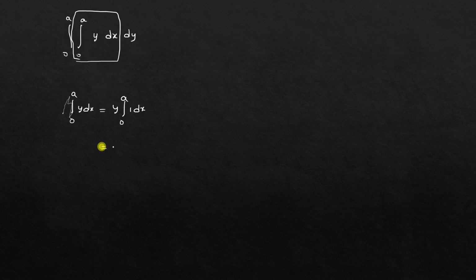So it will become y into x over the limit 0 to a, so y into the upper limit a minus 0 will become ay. Now it becomes the integral 0 to a of ay dy. Now a is a constant here, so write it outside.